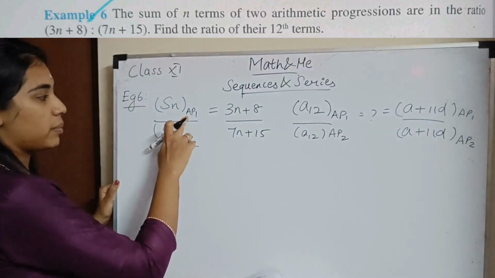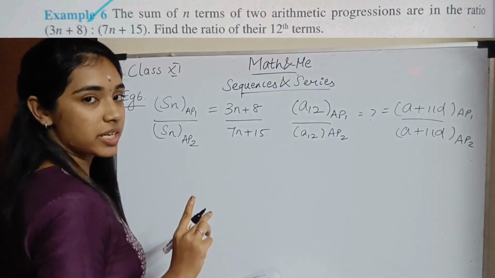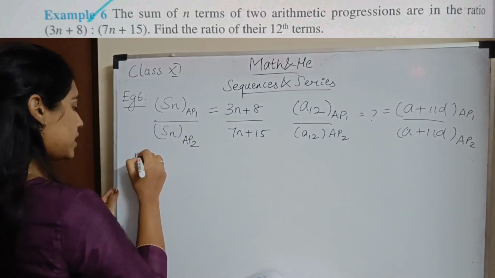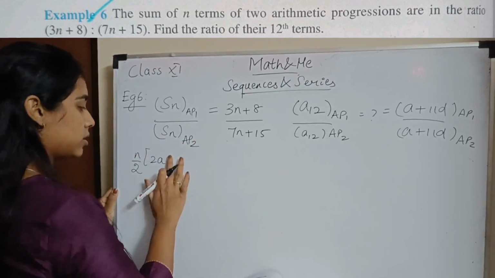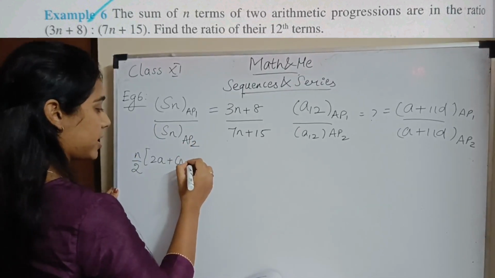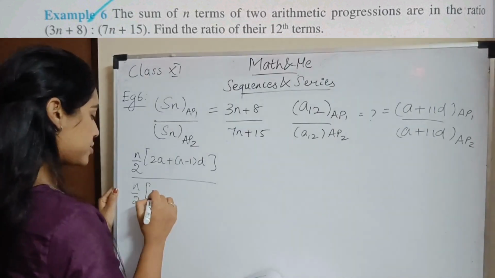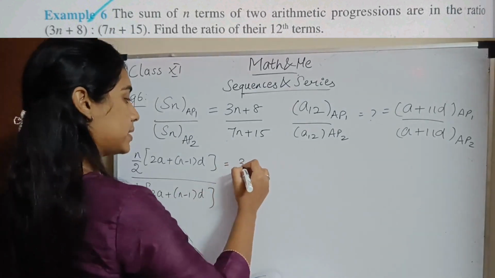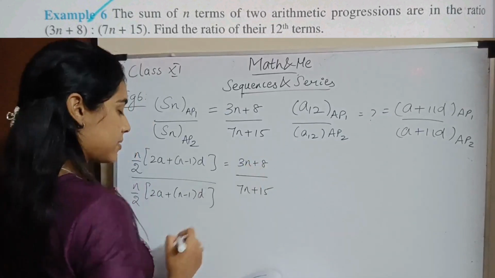So in that, if you have AP1 in the numerator, here also in the numerator you should have AP1 because the ratio changes. So now what is Sn? n by 2 times (2A plus (n minus 1) D) divided by n by 2 times (2A plus (n minus 1) D) equals (3n plus 8) divided by (7n plus 15).